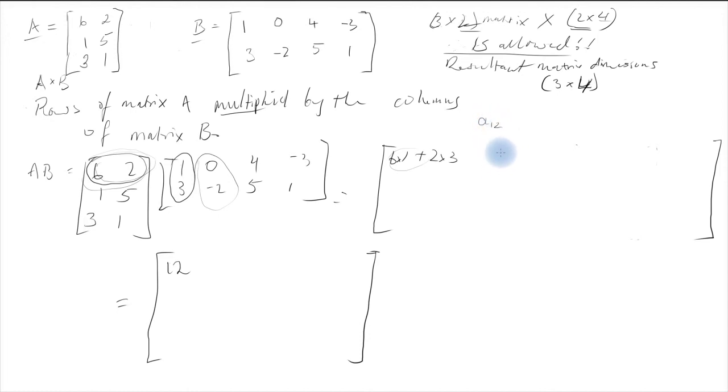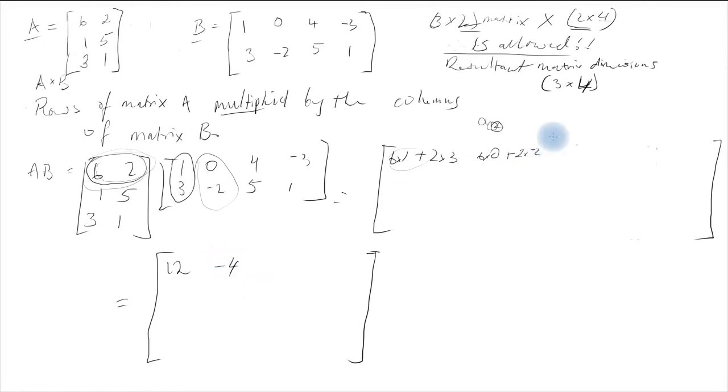Row 1 of the first one, by column 2. That's the way I remember it. So this one here will be 6 times 0, plus 2 times minus 2. Now 6 times 0 is 0, 2 times minus 2 is minus 4.